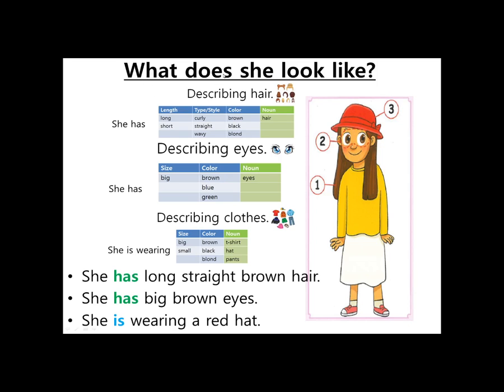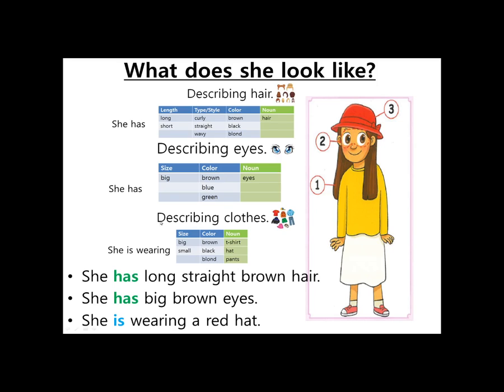Okay, and the question, what does she look like? So these are the three ways from the textbook we can describe people. So the first two, we are using she has. We can use that to describe her eyes, her hair, physical attributes, like you could say she has big hands.